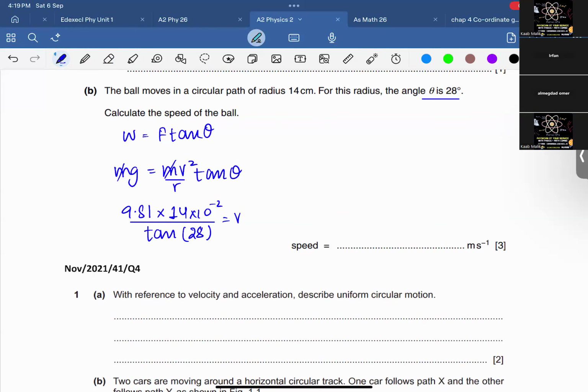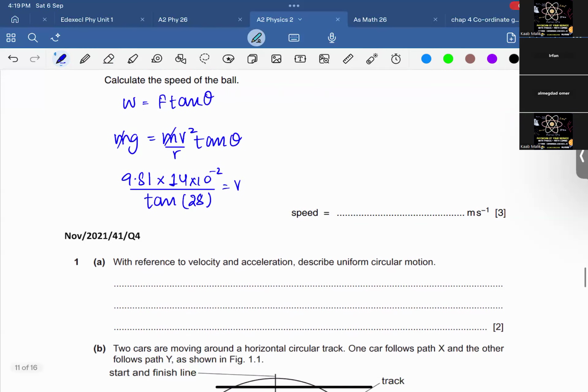For 2.58? 2.58. No, it should be different, something like 1.6. Should be that value. Are you getting that?